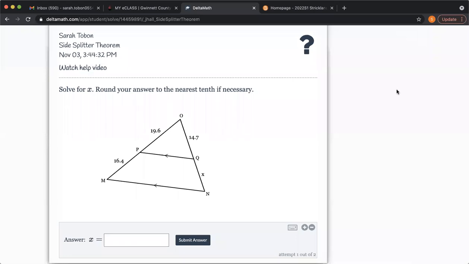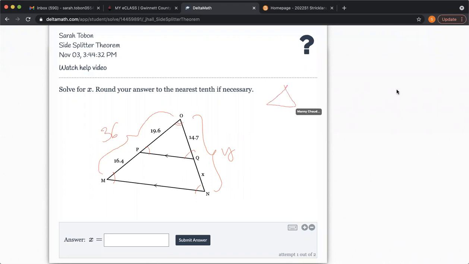What's the total on the left side? The total is 36, right? This total, let's call it Y. And if you look at these triangles, the arrow tells you if these are parallel. If they're parallel, P and M will be equal, Q and N will be equal, and O is equal to O anyway.